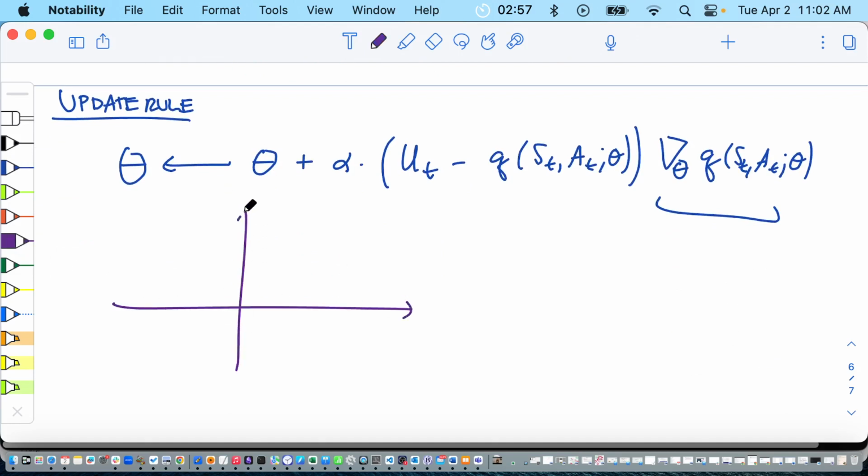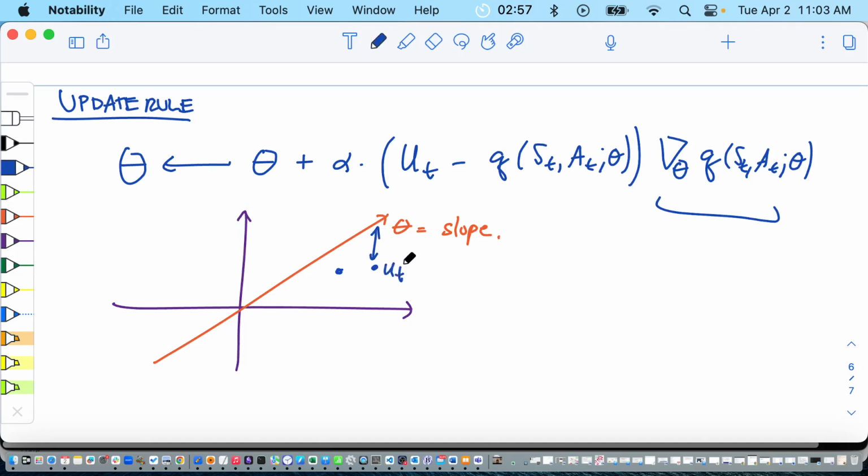Let's draw a picture, and let's pretend we're learning the slope of a line. So let's say theta is the slope of the line, and we want to learn theta. And there are some points over here where we're overestimating, and so we're like, let's pull down, right? So that we're moving theta down. There are some points over here, but actually, let me put them also on the same side. So for these points, the difference, right?